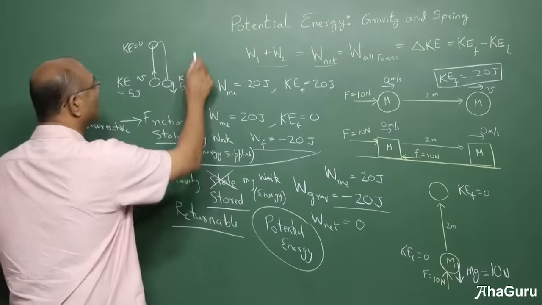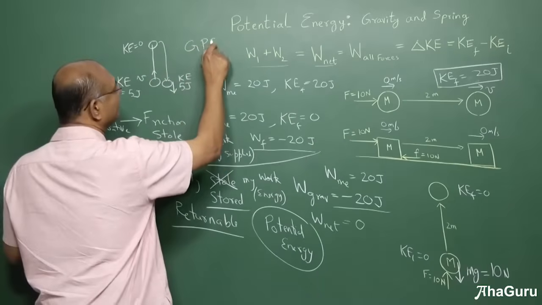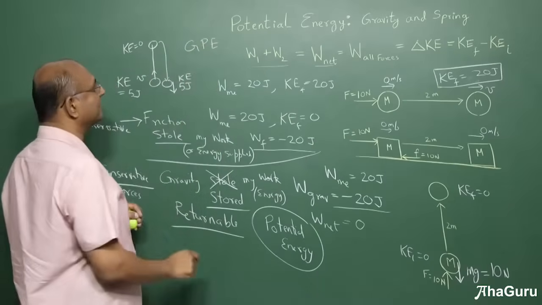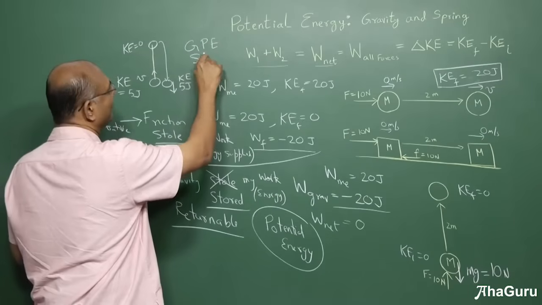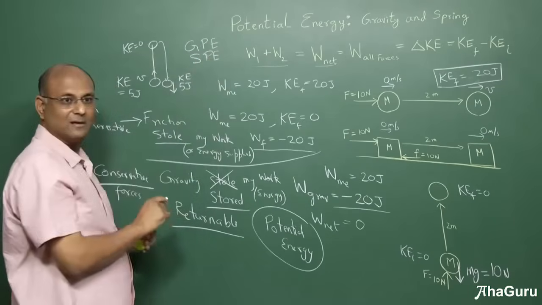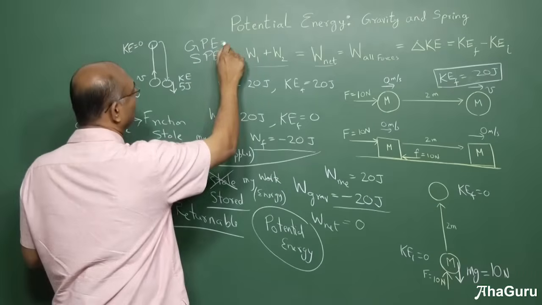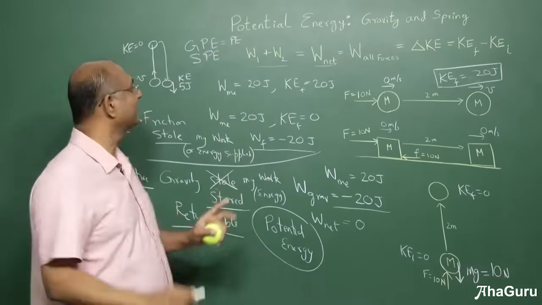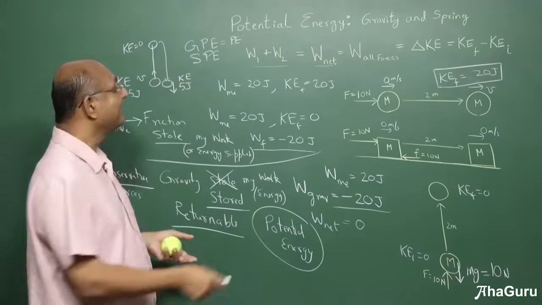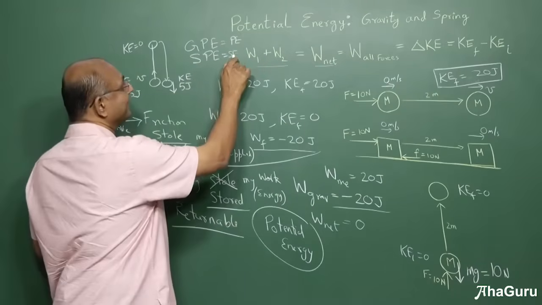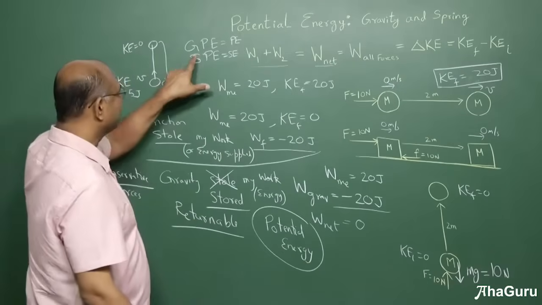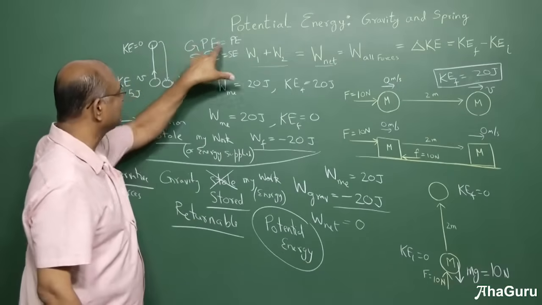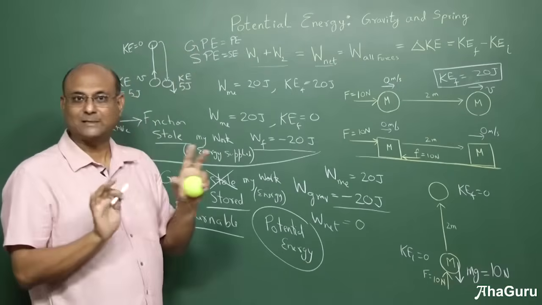So in principle, we should be calling it GPE, gravitational potential energy, spring potential energy. But instead of doing that, I'll just call this PE. So what does PE mean? Gravitational potential energy. Then what do I do for spring energy? I'll call it SC, spring energy. But the technical way to write it is gravitational potential energy, spring potential energy. So I hope that is clear.